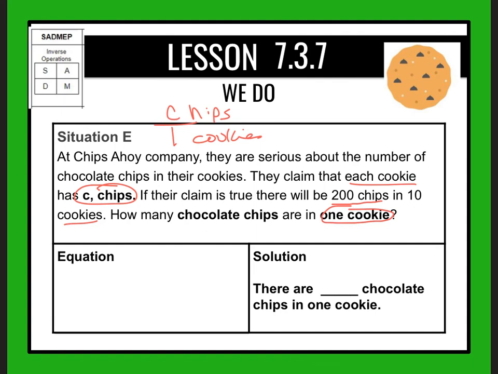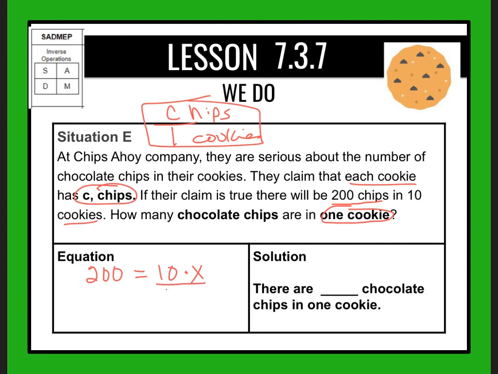Okay, multiple ways to write this equation, right? So I could say, well, they've already given me that there's 200 chips in 10 cookies. So I can look at it this way. 10 times some number, some unit rate of the chips, is going to give me how many are in one cookie.